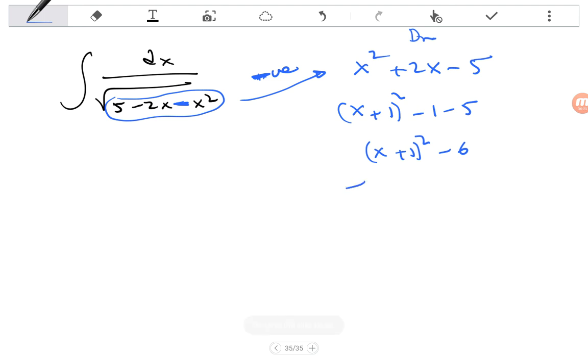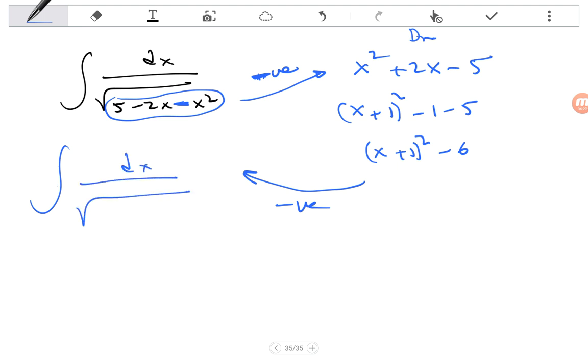Now I return it again with a negative again. So that will be the integration of dx over root of 6 minus x plus 1 whole squared. I return it, but I just changed the signs of each term.